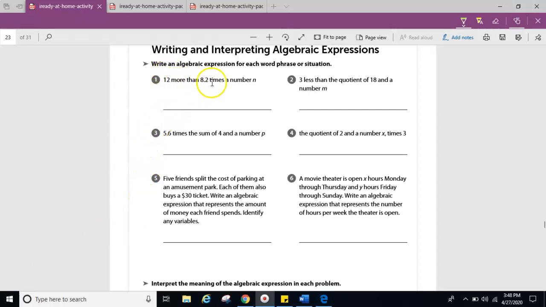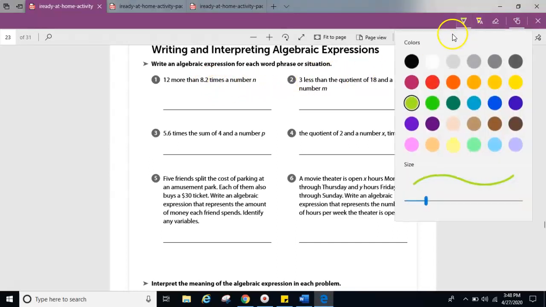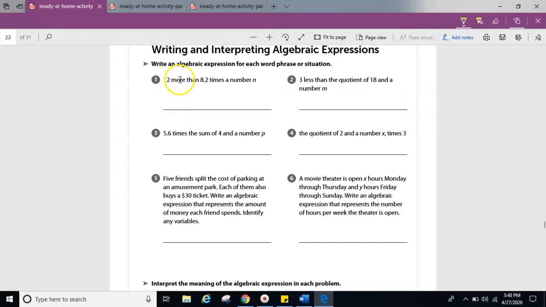So we are going to write what we read in the phrase: 12 more than 8.2 times a number n. We have 12 more, so we know that will be adding. It's 12 more than 8.2 times the number n. So we're going to start off by saying 8.2.